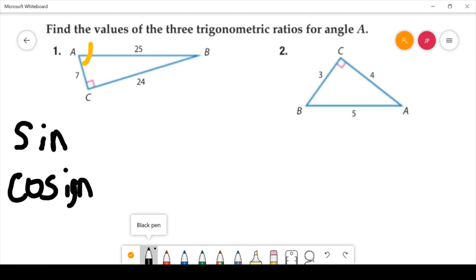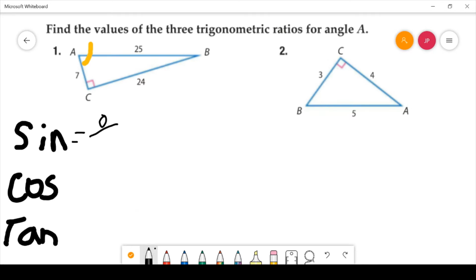Okay, that took forever. So you have SOHCAHTOA: sine is opposite over hypotenuse, cosine is adjacent over hypotenuse, and tangent is opposite over adjacent.